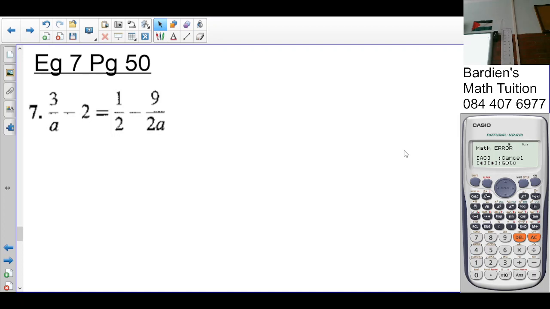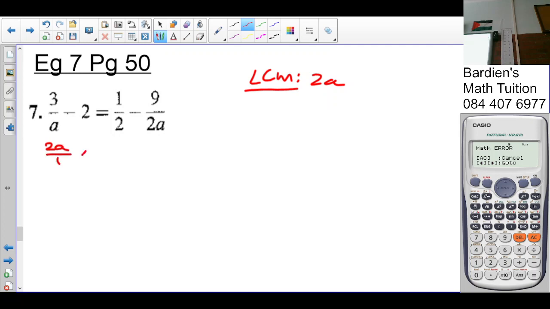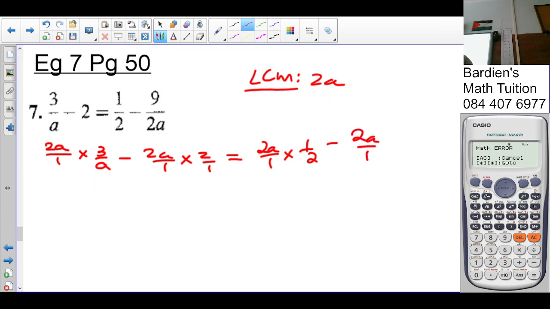Okay, so what's your LCM here? It's 2a. So it's going to be 2a over 1 times 3 over a minus 2a over 1 times 2 over 1 equals 2a over 1 times minus 2a over 1 times 9 over 2a.